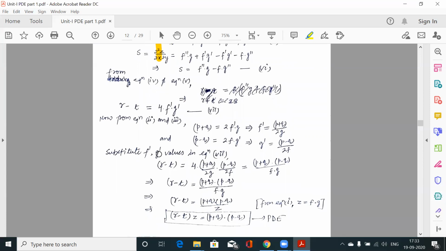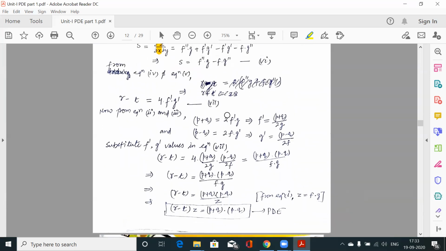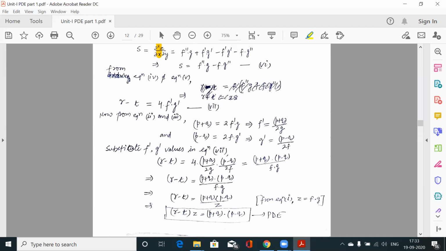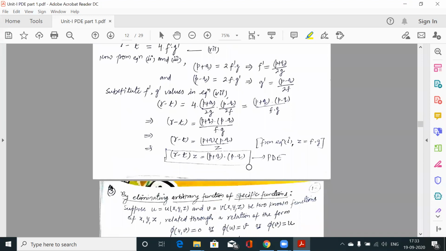Comparing equations 6 and 7, we get S and RT values. By comparing or substitution, we get this partial differential equation. This is a second order partial differential equation, because R and T are there. R is the second order derivative with respect to x, and T is the second order derivative with respect to y. So this is our answer.